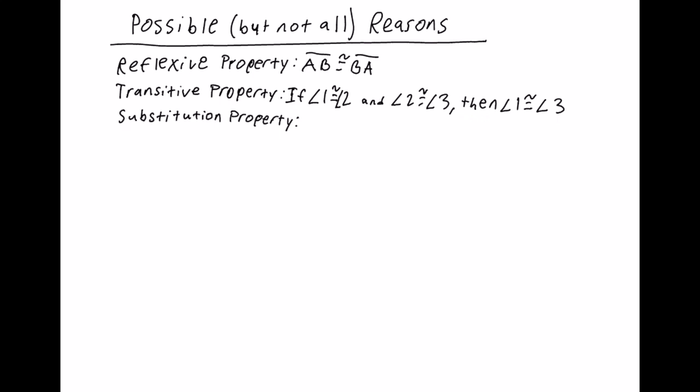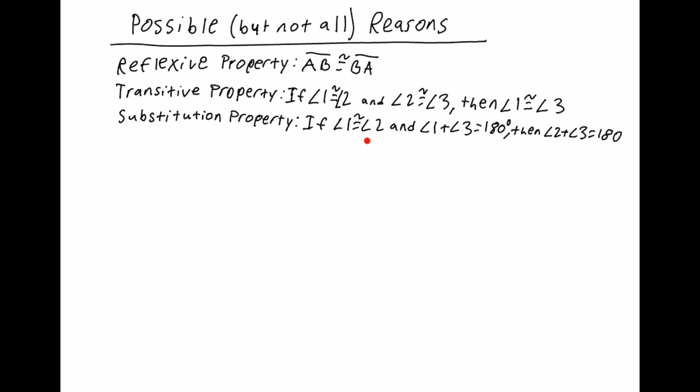Next is the substitution property, which you may have dealt with in algebra a bit, but it's used again here in geometry. So this is more of an example here. You can use the substitution property in so many different ways, but here's an example I used. I said angle 1 is congruent to angle 2.